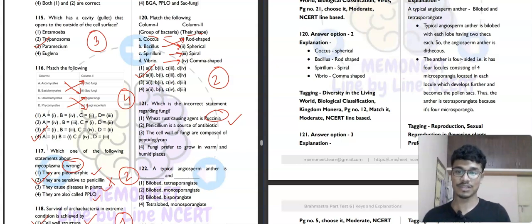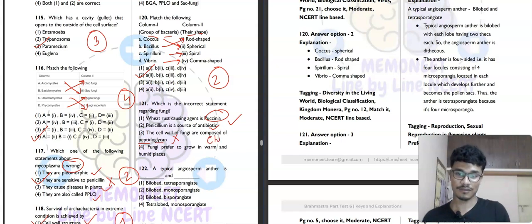Then penicillium is a source of antibiotic. This is like the first discovered antibiotic, you know that. Then, the cell wall of fungi is composed of peptidoglycan. No, the cell wall of fungi is not composed of peptidoglycan. Peptidoglycan is present in bacteria. Then what is present in fungi? The cell wall of fungi is composed of chitin.